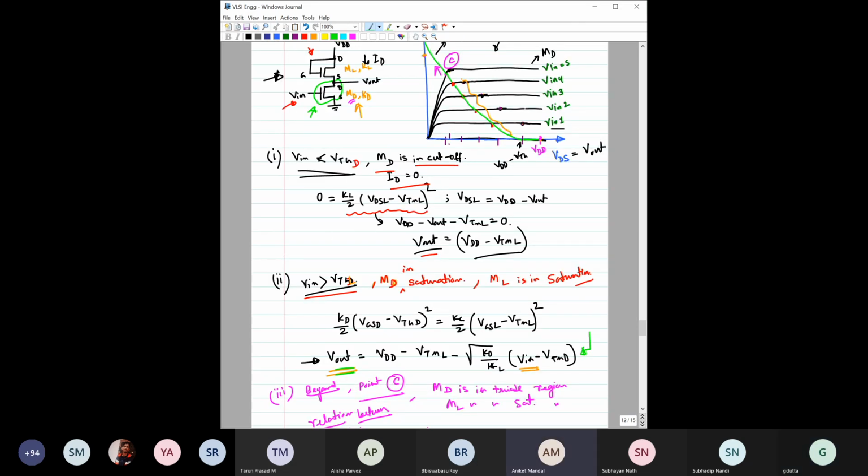So I had a question. Why are we writing VTNL for the load MOSFET, not VTHL? Is there any significance to that?